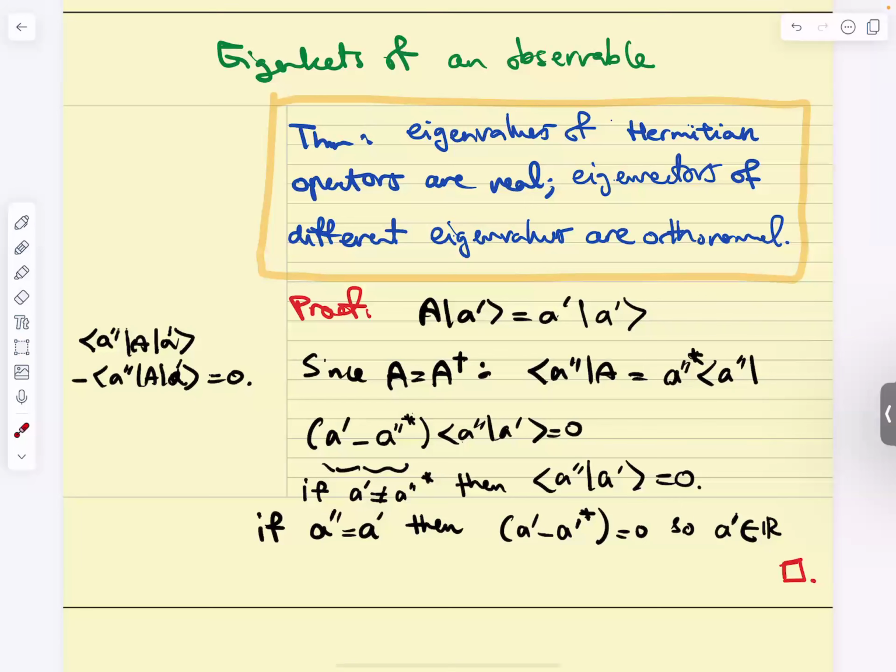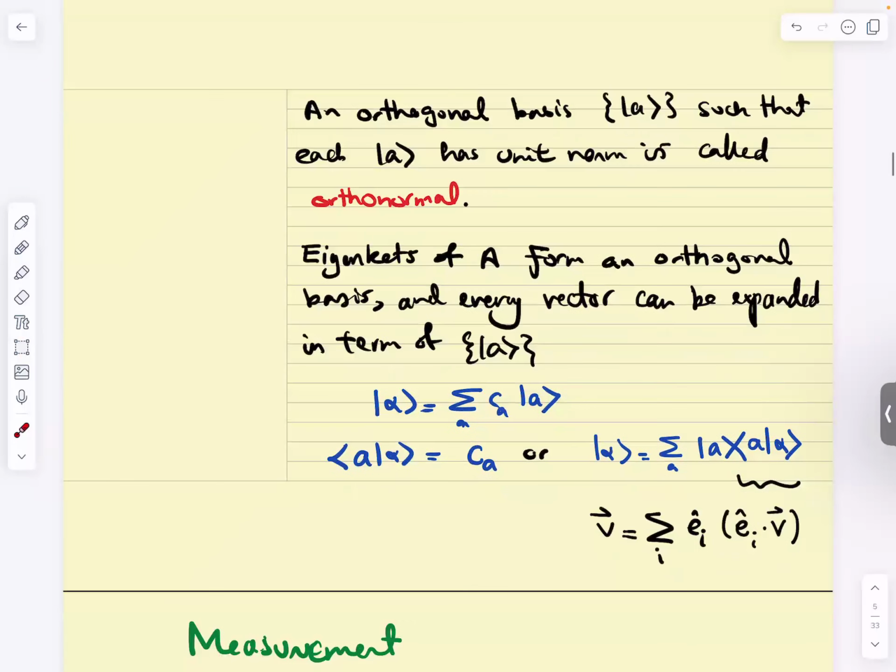So from this, you already learned that eigenvalues of observables in quantum mechanics are always real, right? So even though we are dealing with a formalism which uses complex vector spaces, what we use as observables will always have eigenvalues that are real. Good? All right. So based on what I just told you, every observable, every Hermitian operator, its eigenvectors will form a basis.